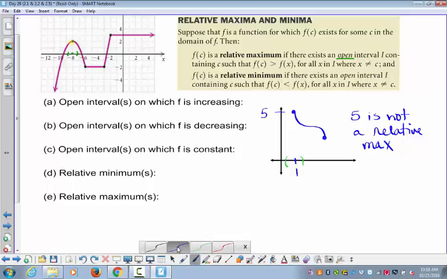So if there was a question that said absolute max, you would first look on the inside for all relative maxes, but then you would also consider the endpoints. So the 5 would be considered an absolute max, not a relative. So 5 would be an absolute max.